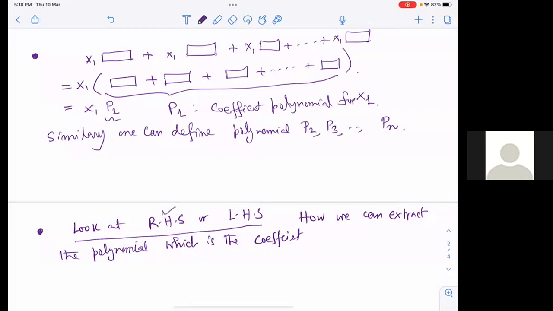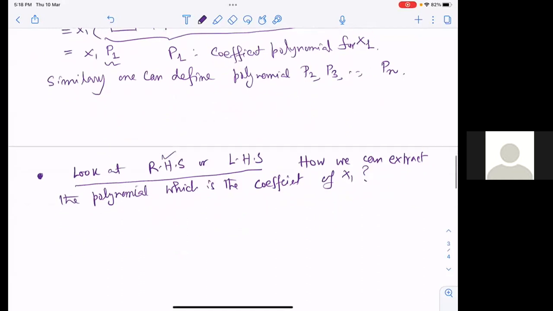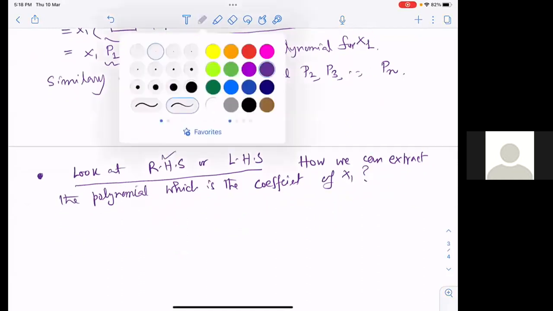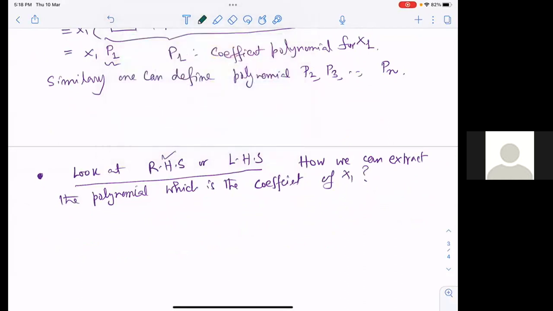Let's say RHS polynomial, and I ask how we can extract the polynomial which is the coefficient of x1. What shall we do? This is nothing particular about our polynomial. This strategy is true for any polynomial. So a very simple way to do that: divide.